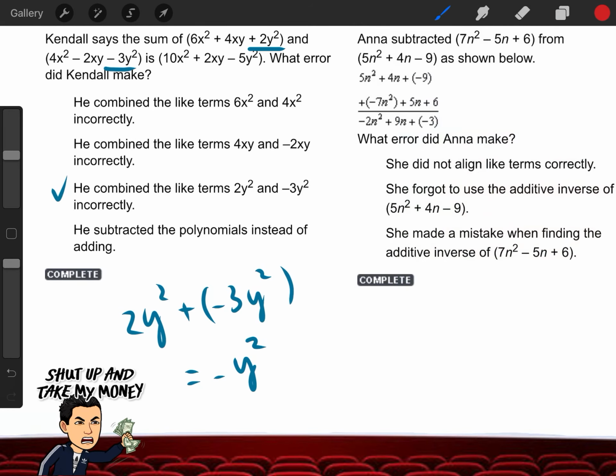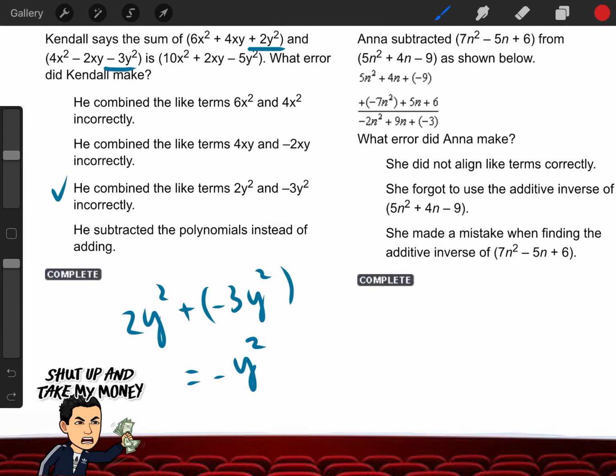So Anna, she's subtracting that from that, okay, and then what error did she make? So if you look at it, there's 3 choices, 1 through 3, okay. So what she's doing is she's subtracting one from the other, but look at this, it's an adding, right? So what she did was she's using something called the additive inverse, okay.